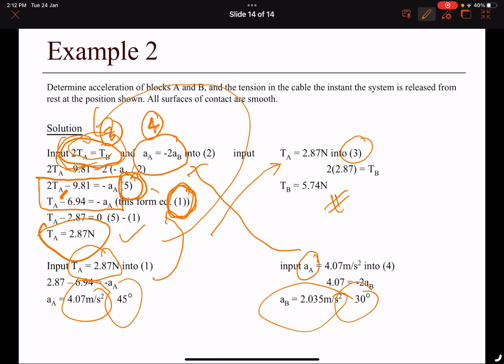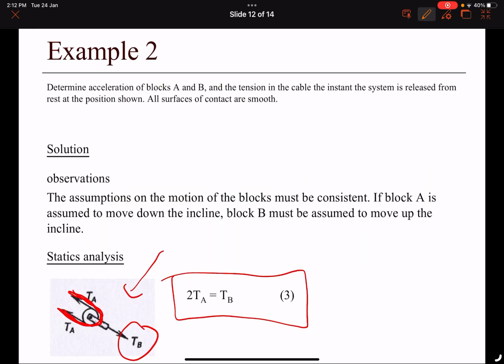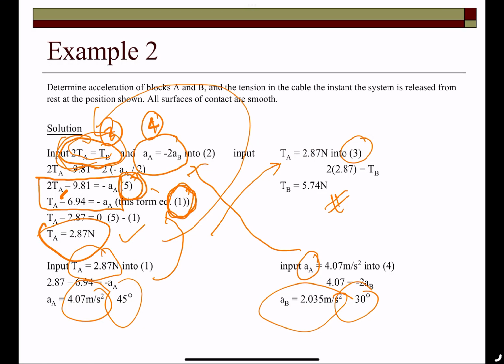So 45 degrees is given, 35 degrees is given as well, from the question here. So this is the final answer for the problem. You have the TA, the TB, and also the acceleration for A and B.